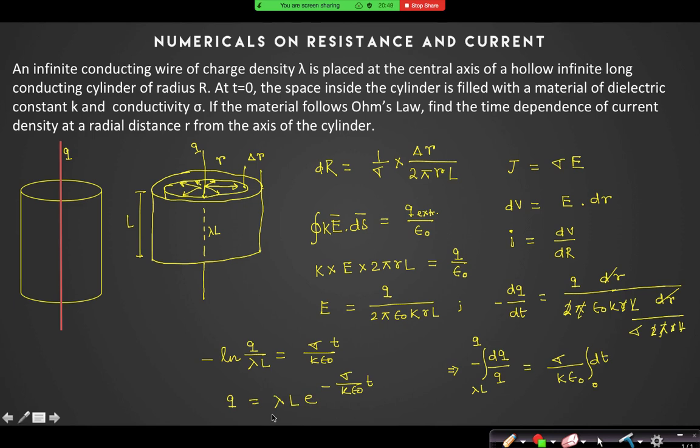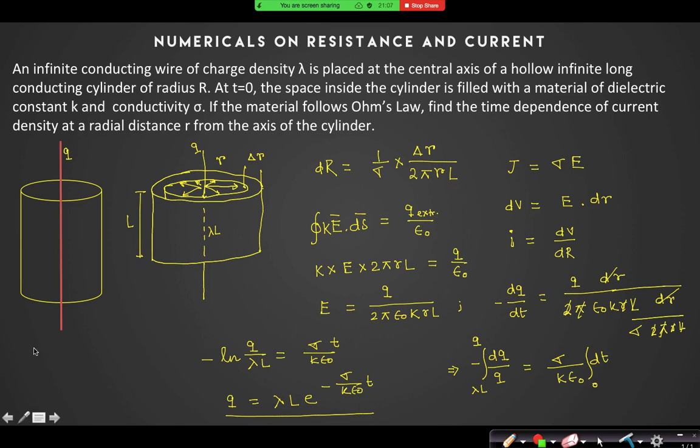Yes, sir. Now the question is solved because I have to only put the value of q in this electric field, and I can find the value of j, and as you can see, j will be directly proportional to q, right?